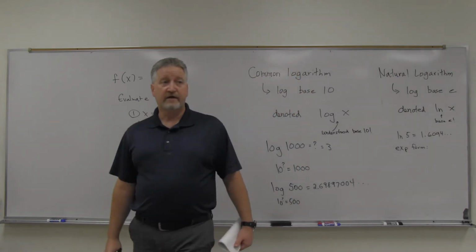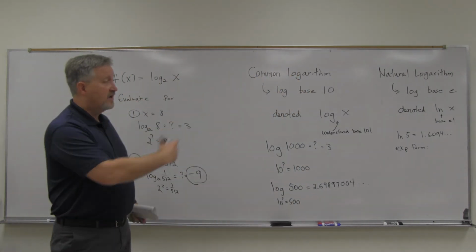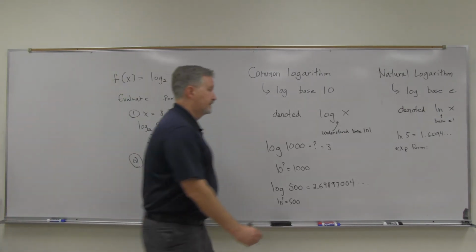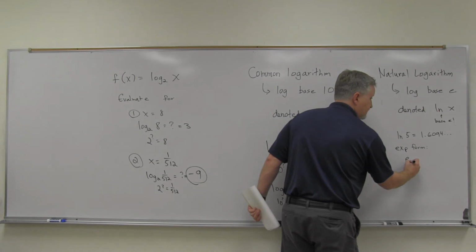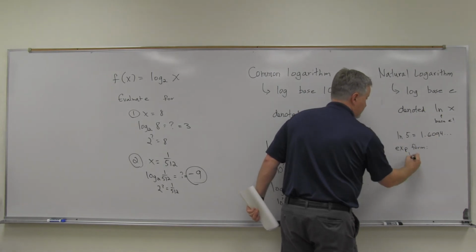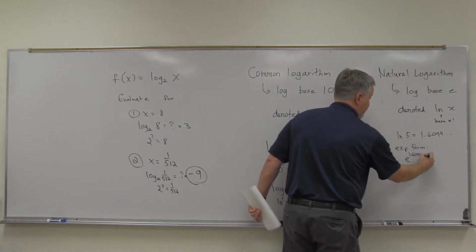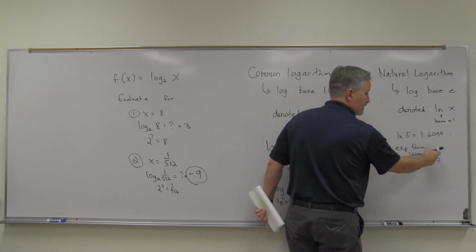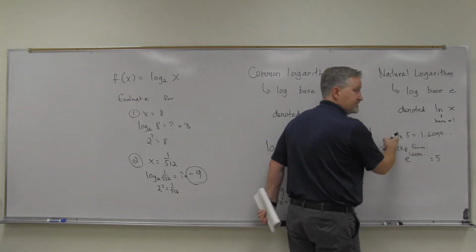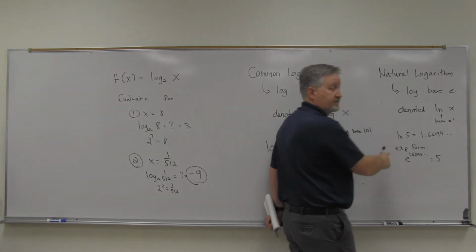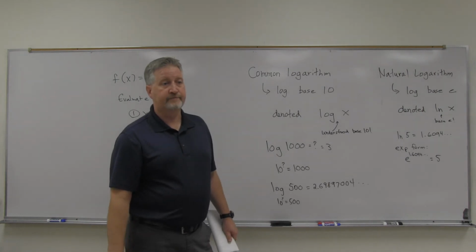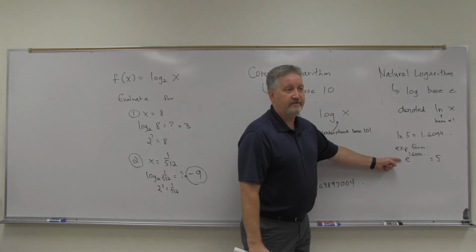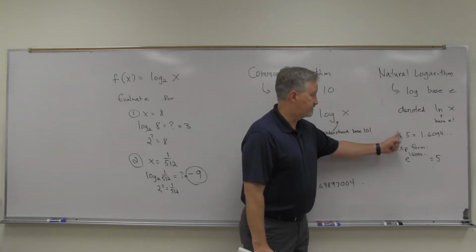Converting back to exponential form, e to the power of 1.6094 equals 5. a to the y equals x. The base, the a, is not written, but it's understood that it's base e. So if you convert it to exponential form, the base here is e.